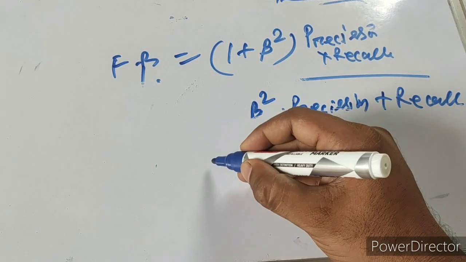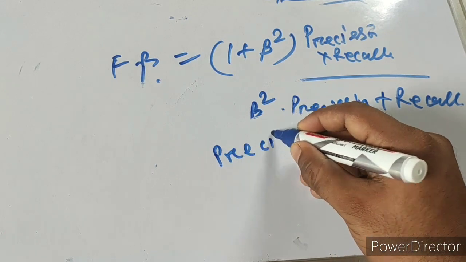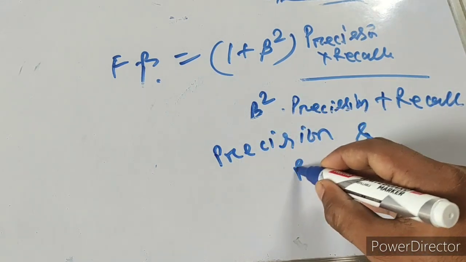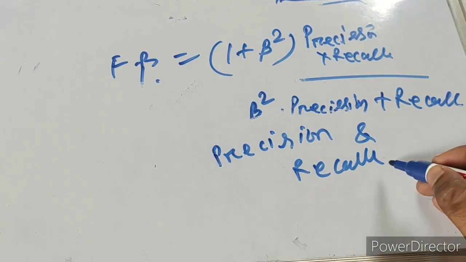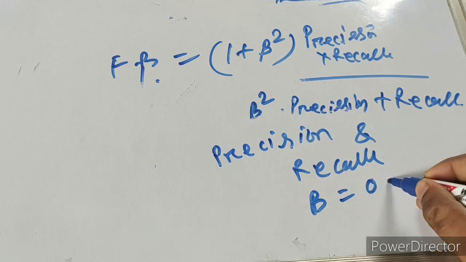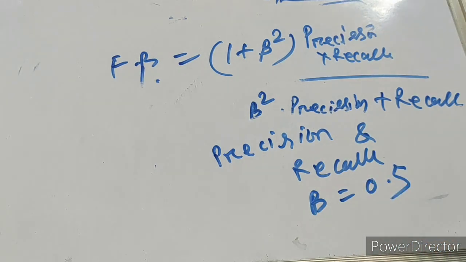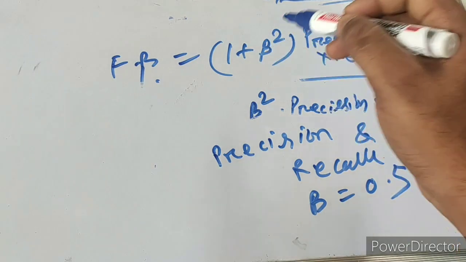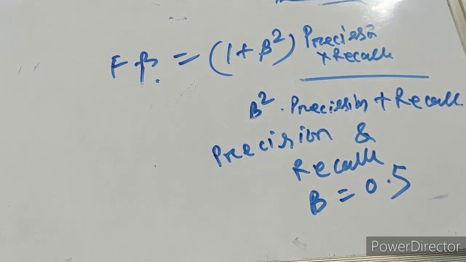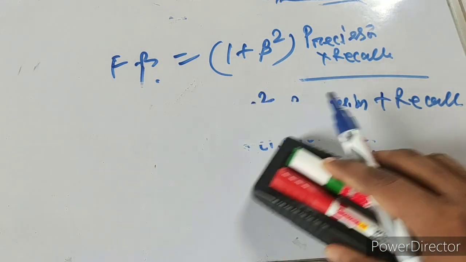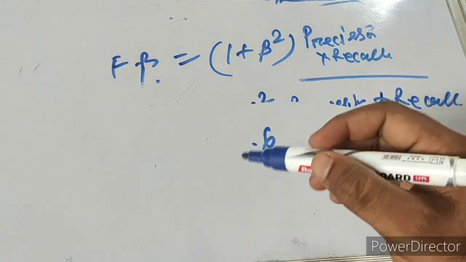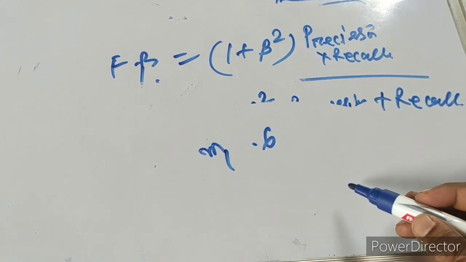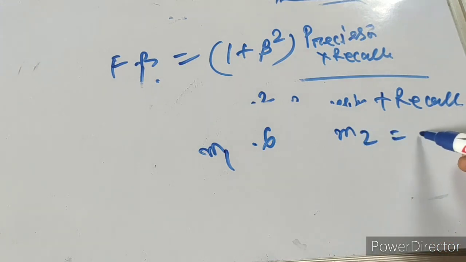If precision and recall have the same weight, similar weight, we can give beta as 0.5. In that scenario, if you put 0.5 at beta and the rest of the things are quite the same, whatever value comes, suppose for M1 we get 0.6 and for M2 we get 0.5.